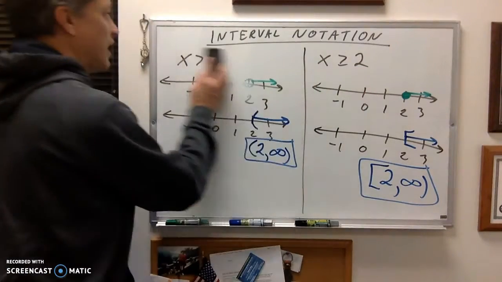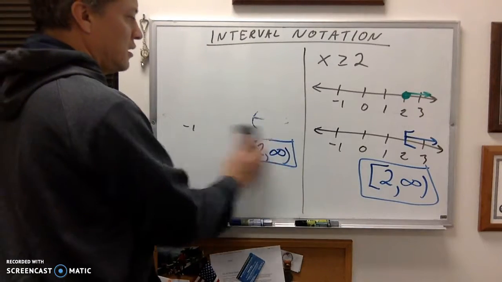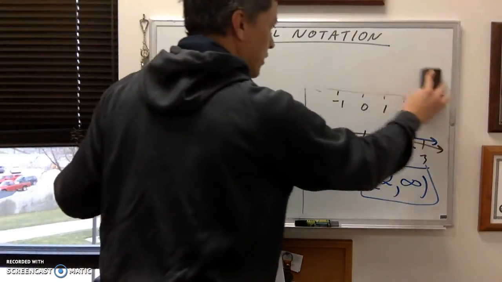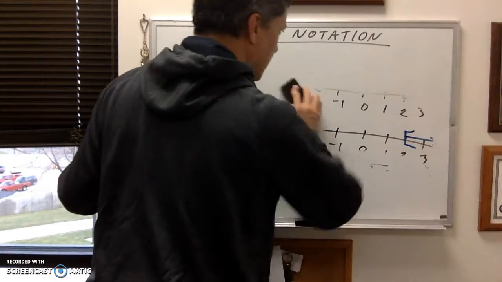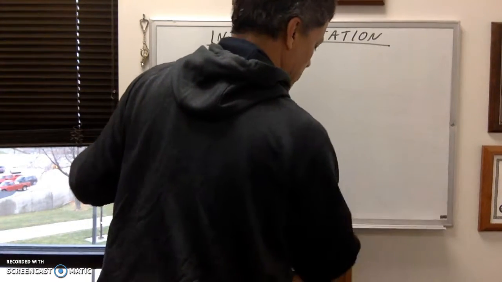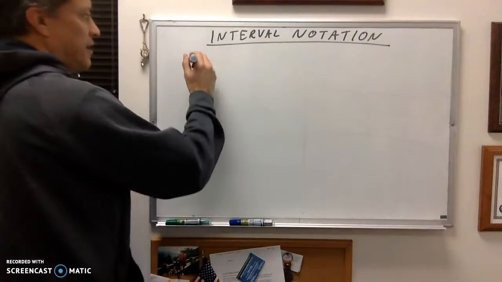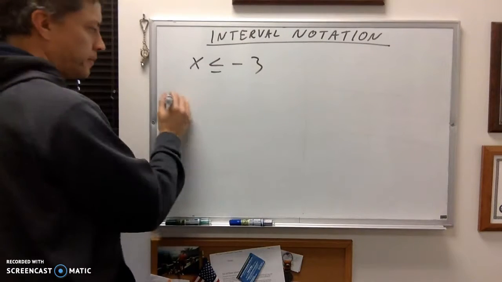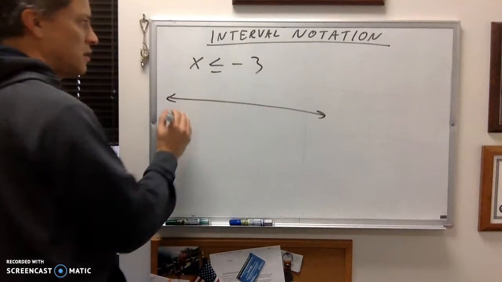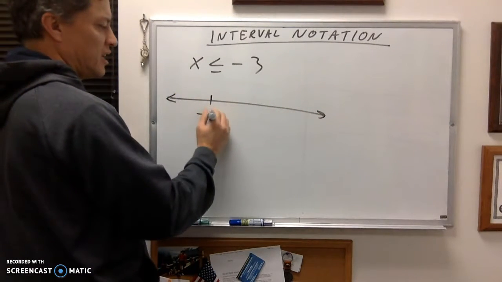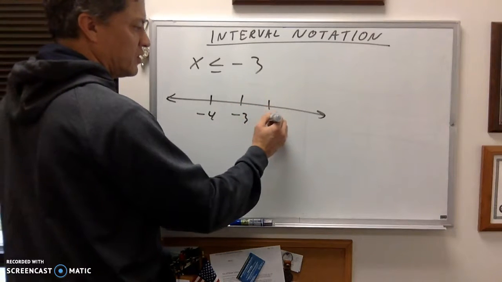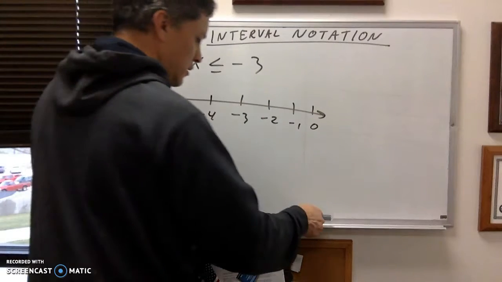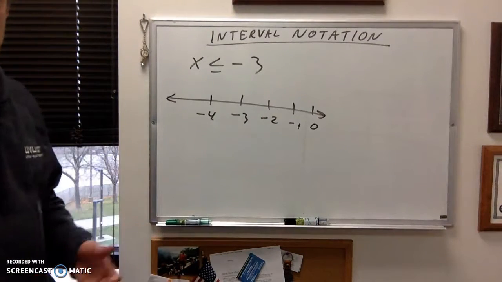Now let's take a look at an instance where it's maybe less than. So for that, let's check, say, x is less than or equal to -3. So we've got, say, -4, -3, -2, etc. So would this be a bracket or a parentheses?